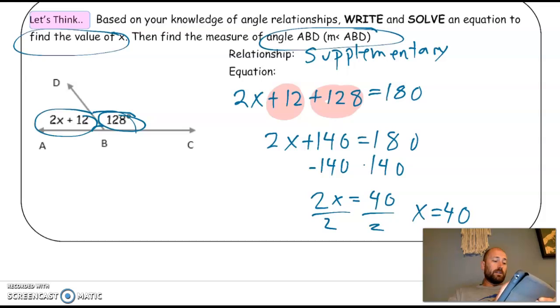Now, I can see ABD is that angle right there. Let me show you again. A, B, D, if I trace the letters, I can find that angle. It is 2x plus 12.